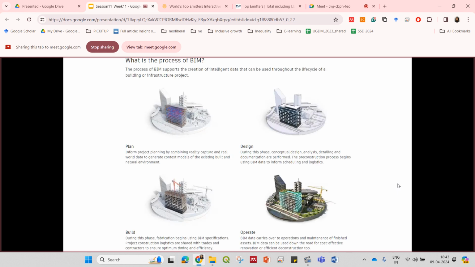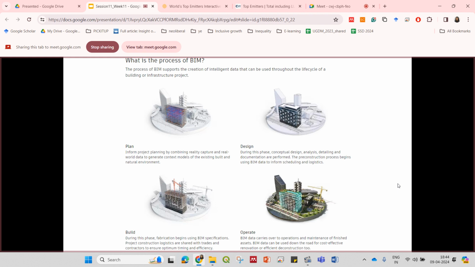So these are the four, or you can even say three, key processes that are part of the BIM support system. First is planning, or you can say planning and design to be part of the same process. So planning is what comes before you start to conceptualize the design.